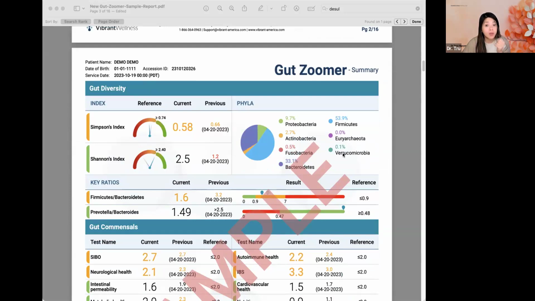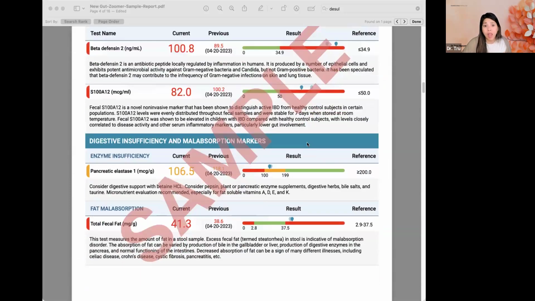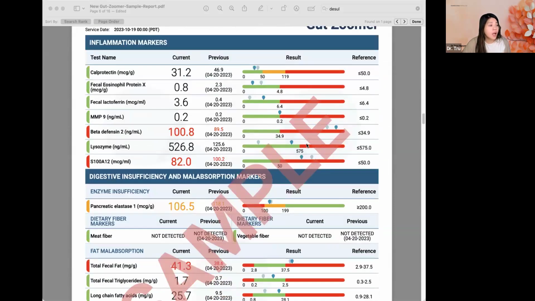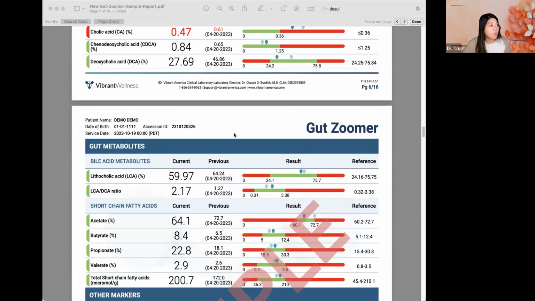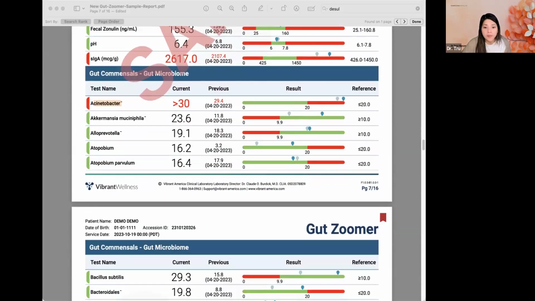Obviously, the higher the better. Close to 3% is much better. I don't see that very often. Like I said, this is not very common in modern humans. Most of us have a deficiency in Akkermansia muciniphila.